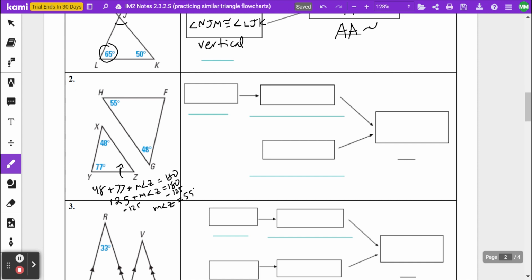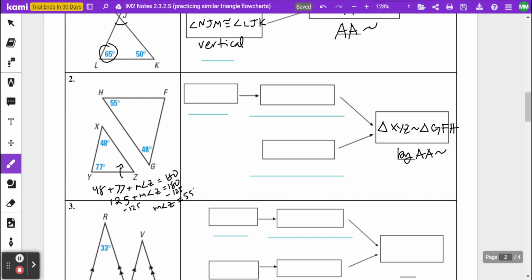So let's write our similarity statement. Triangle XYZ is similar to triangle, now I have to be careful, X corresponds to G, Y corresponds to F, and Z corresponds to H by angle similarity.